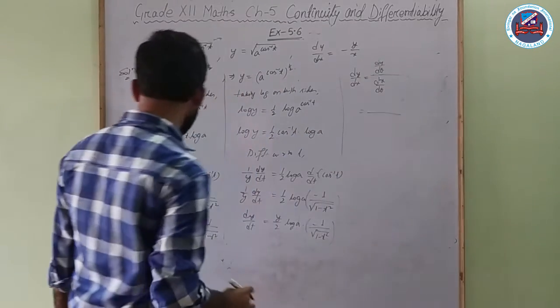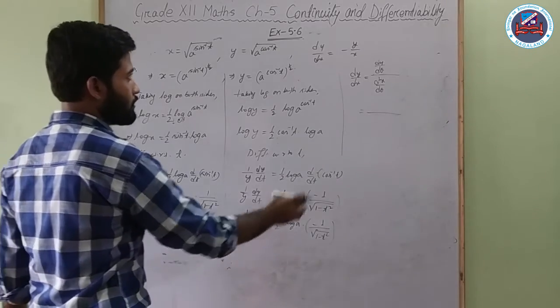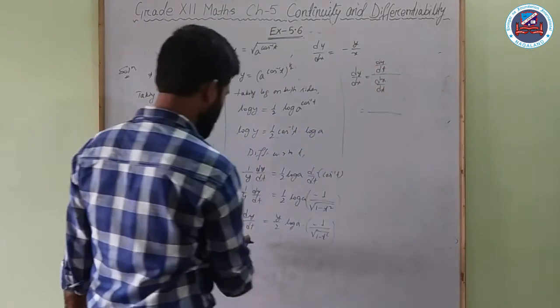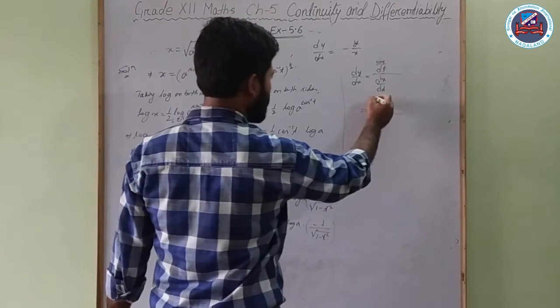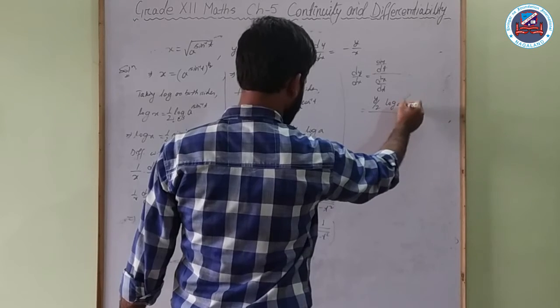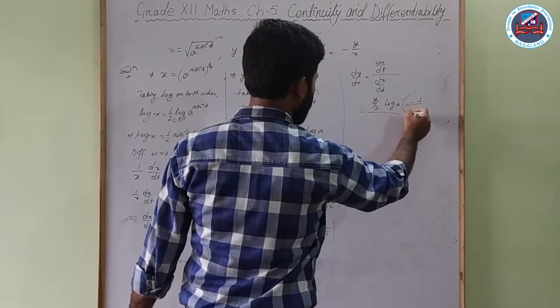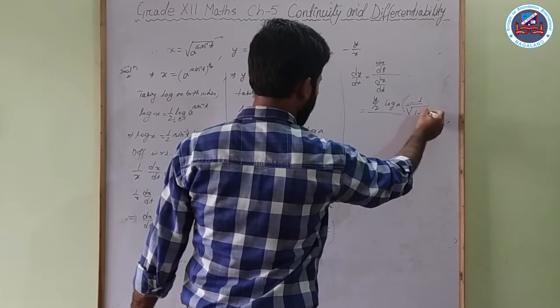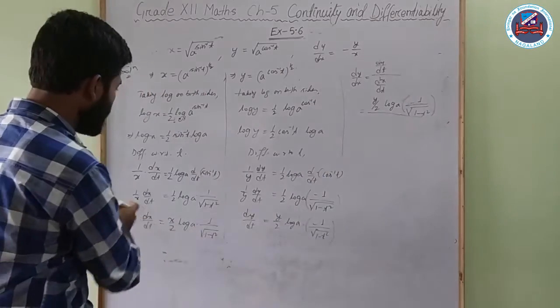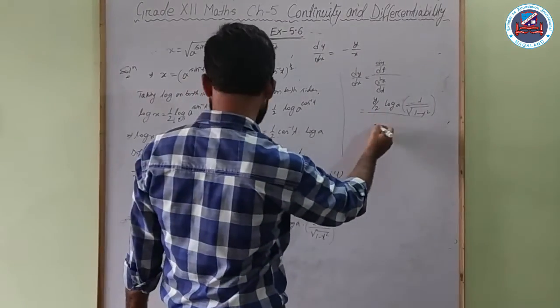So what is dy by dt? It is y by 2 log a into minus 1 by root over 1 minus t square. And what is our dx by dt?